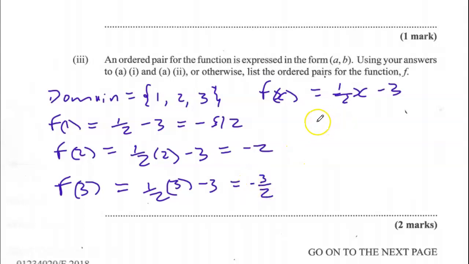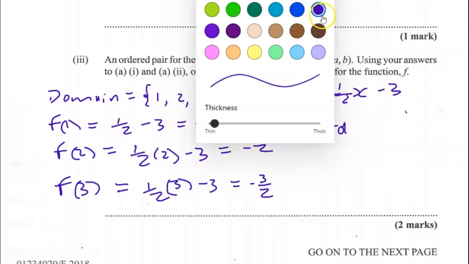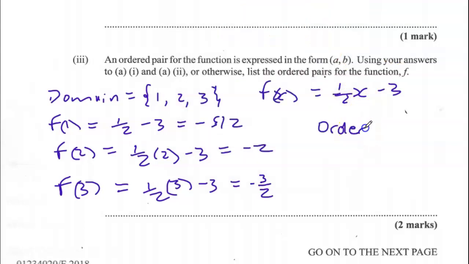So the ordered pairs are done. Ordered pairs are the pairs of x and y values.